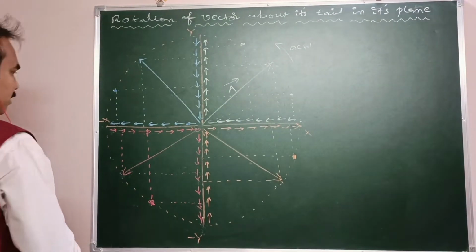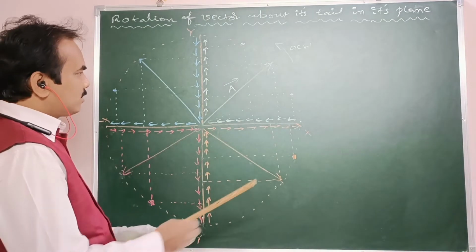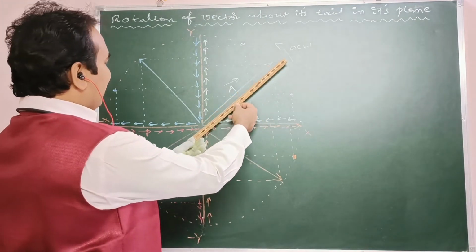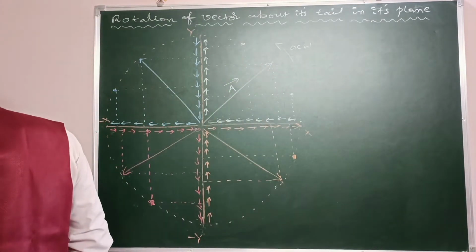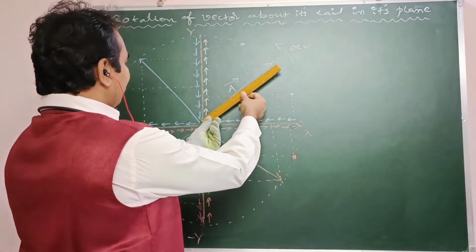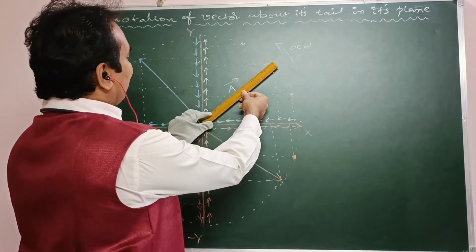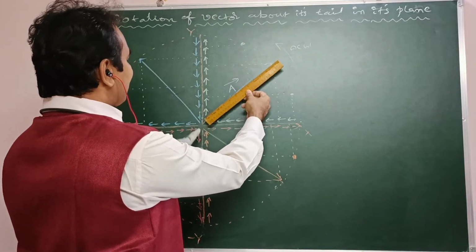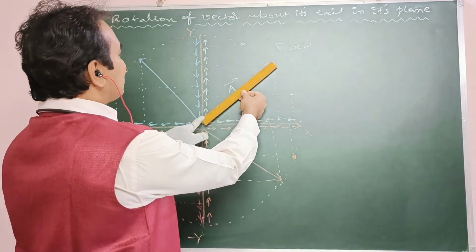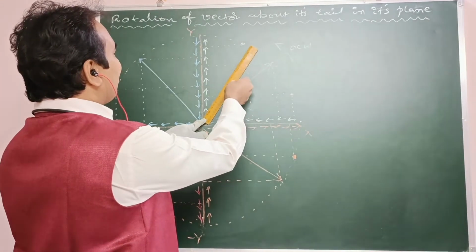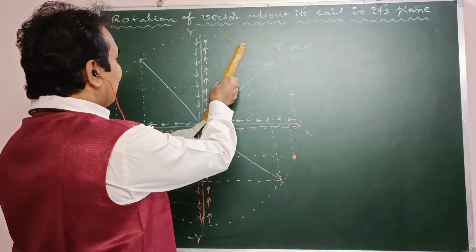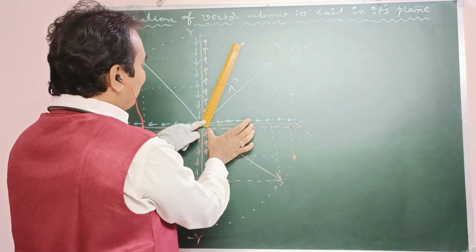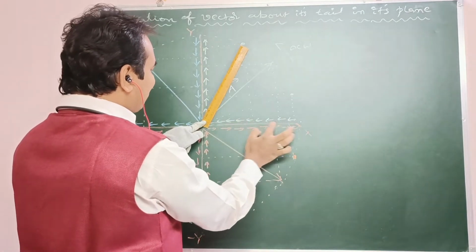It can be easily understood as follows. See, this is the given vector in fact, A bar. When this vector is rotated in anti-clockwise sense about its tail in this plane, what happens? Suppose it gradually reaches here, means x coordinate decreases from this measurement to this measurement.